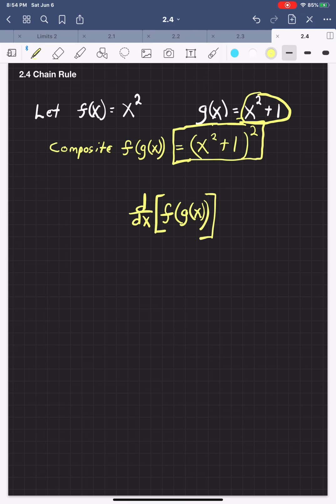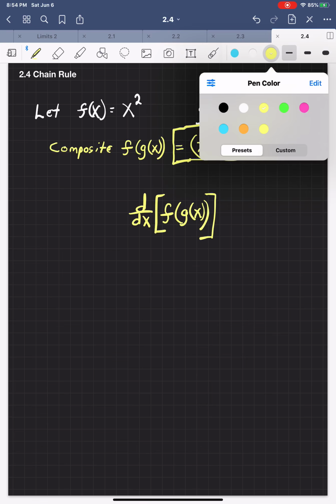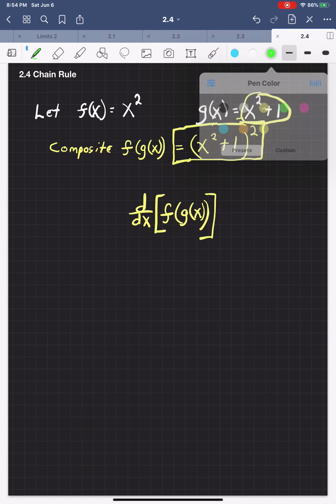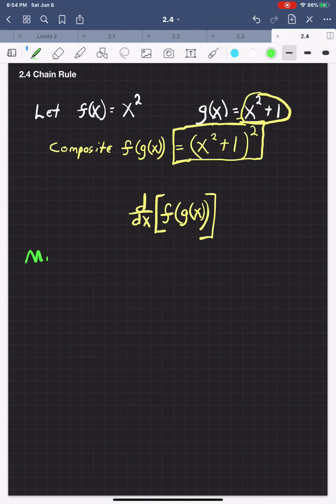Okay, so if you wanted to take the derivative of that, I'm going to make a mistake. I'll change my color. I'm going to make a mistake, but it's going to be a good mistake, and it's going to elaborate a little bit.